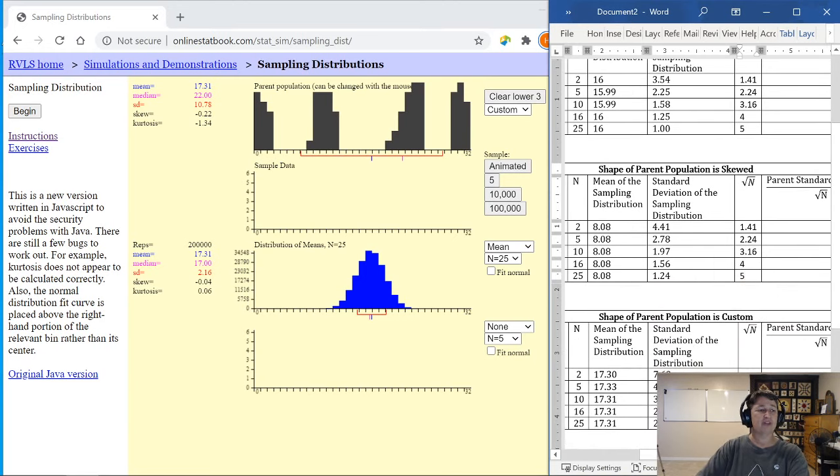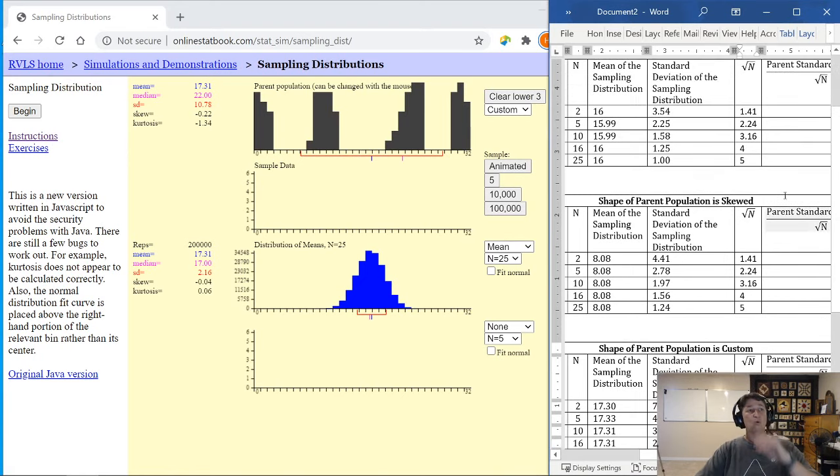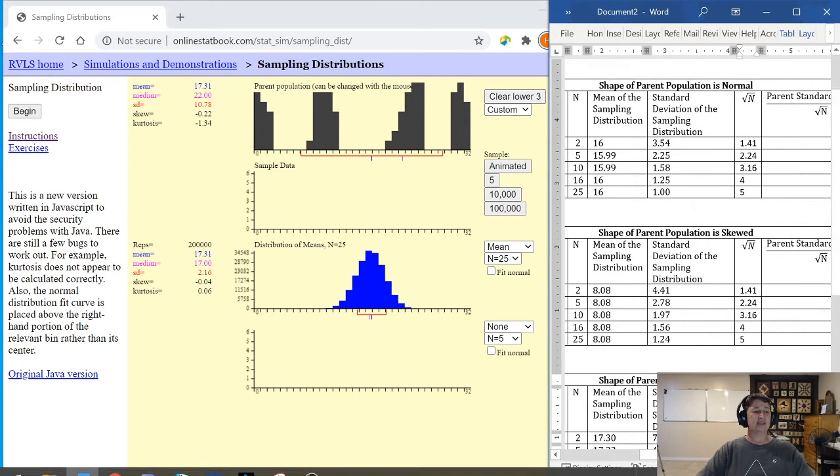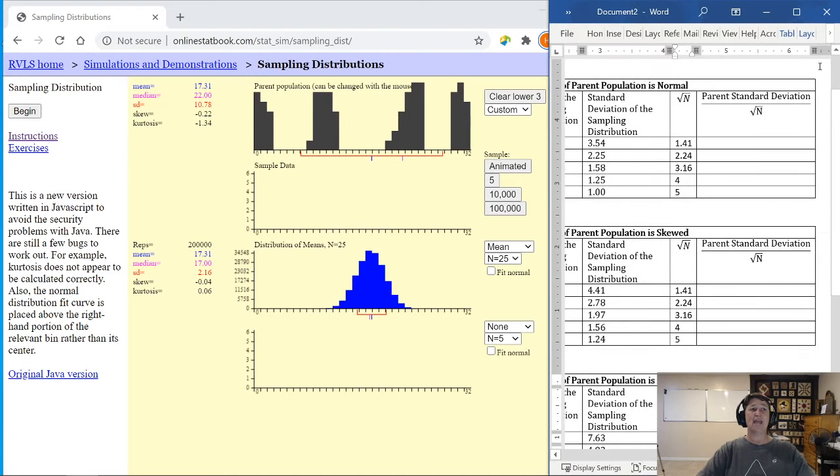So I'm just going to fill in this little chart to help me see this information. Now, what I'm going to do is take my parent standard deviation and divide it by the square root of my sample size, and see what happens.